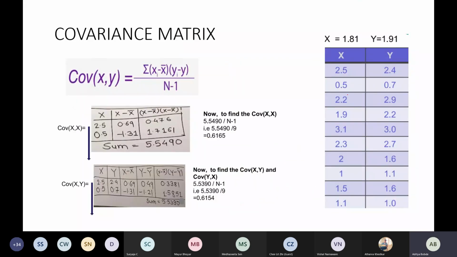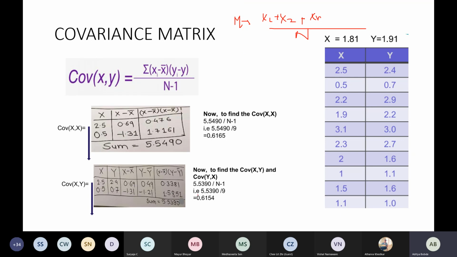So how do you calculate the covariance? Okay, so we have studied the formula for mean. What was your mean? Mean was x1 plus x2 till xn divided by n. N represents your number of observations.